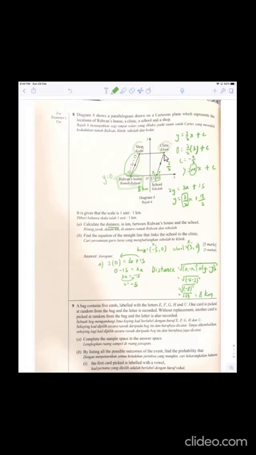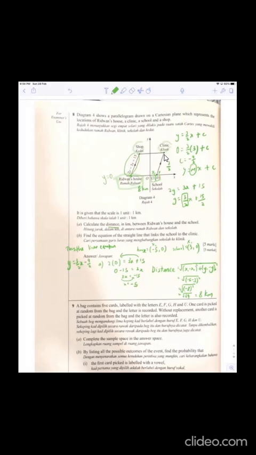So thus the linear equation, we get y equal 3 over 2x minus 9 over 2.